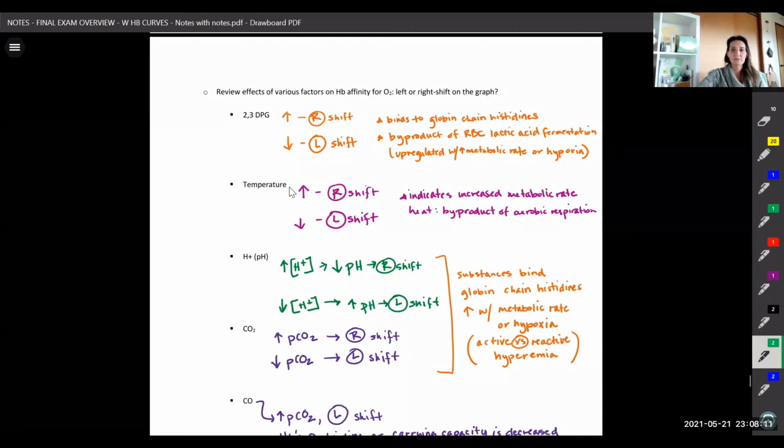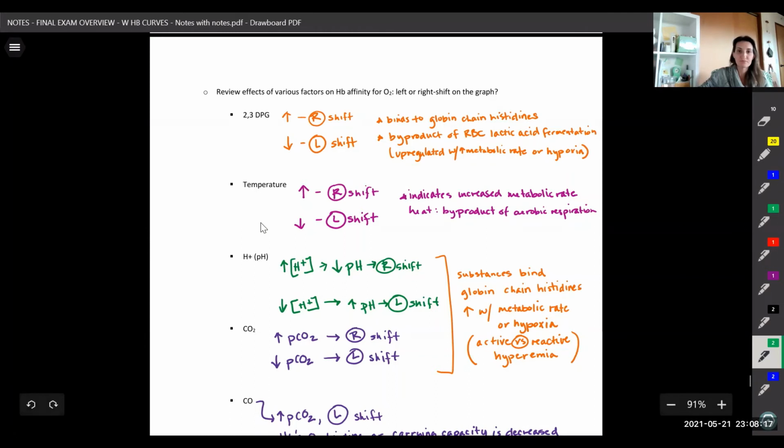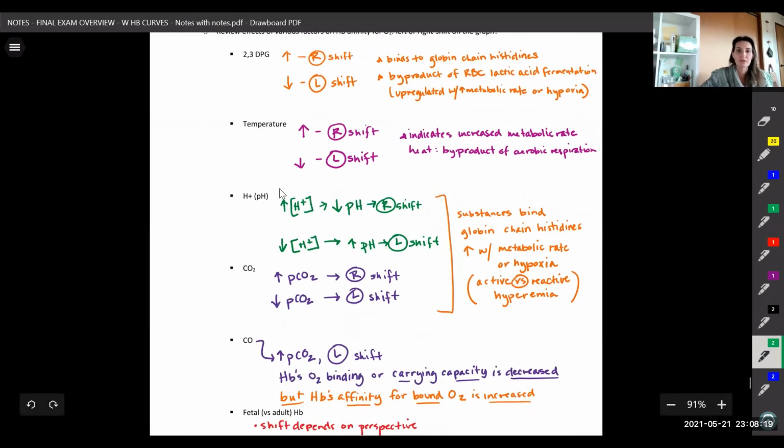With a decrease in temperature, decreased metabolic rate, and less of those metabolites being produced, we'll see a left shift on our oxyhemoglobin saturation curve. And then for hydrogen ions and CO2, when we have an increase in hydrogen ion concentration, which equates to a decrease in pH, right, a more acidic pH, we expect a right shift.